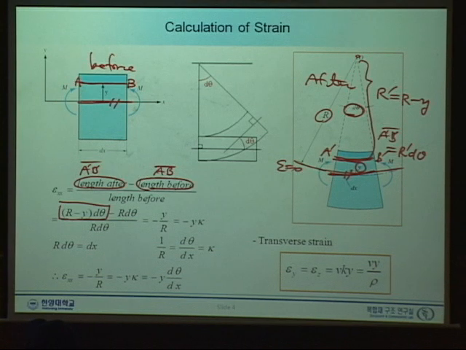And now here is the key part. How about the length before? Before deformation, what was the length? Well, this one was simply AB, right? And this AB length should be the same as this line, and this line is the same as that one. So AB before deformation is simply R times d theta.